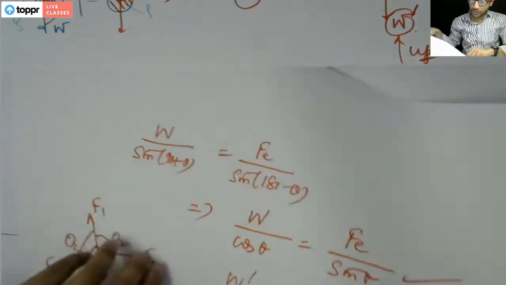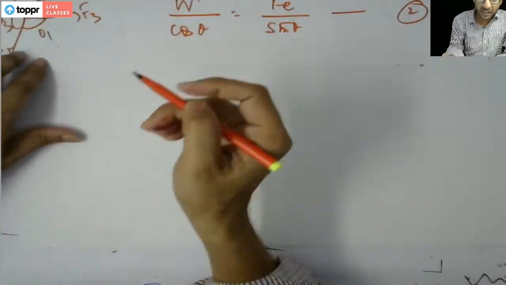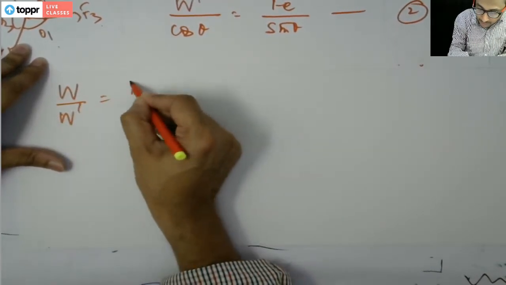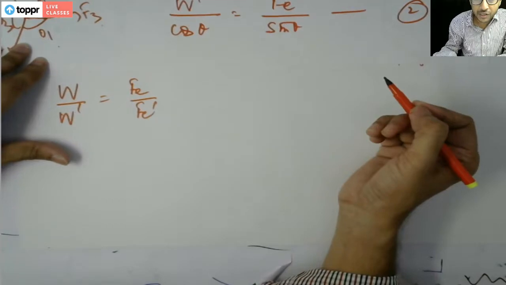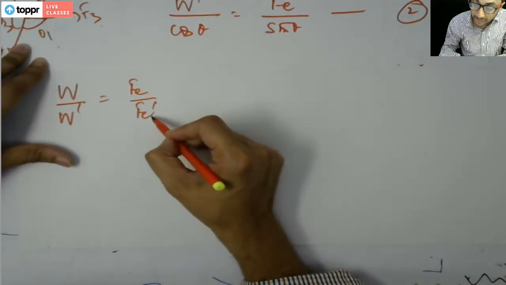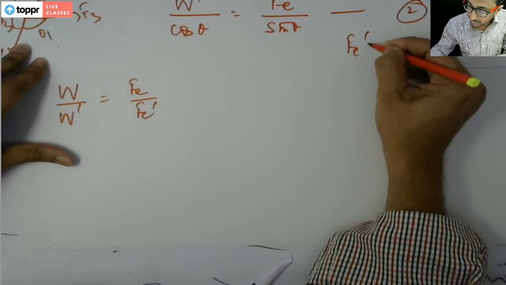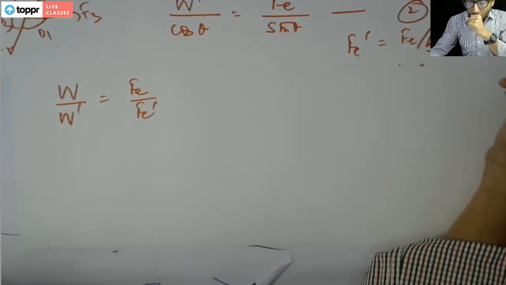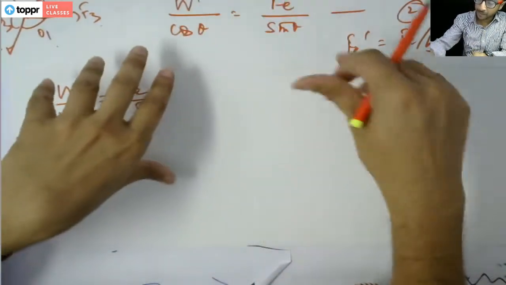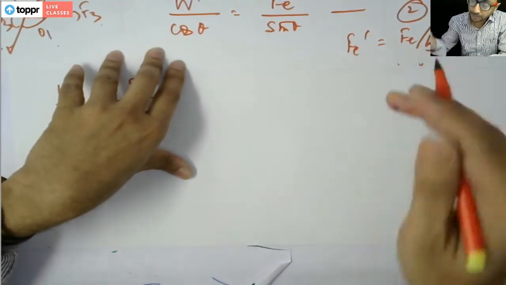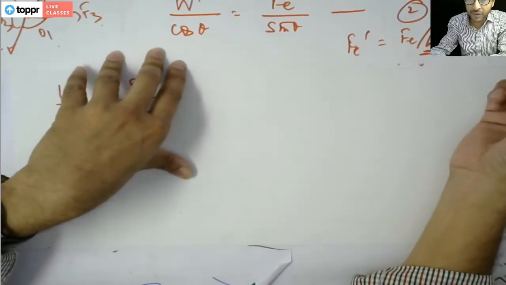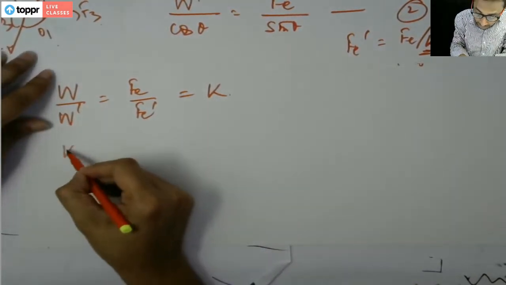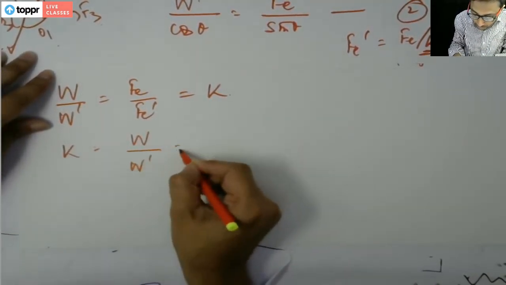Now from these two equations, dividing, W by W dash equals Fe by Fe dash. Now Fe dash is nothing but Fe by K, because it is a liquid. The force of repulsion has reduced by the dielectric factor K, so this becomes K.